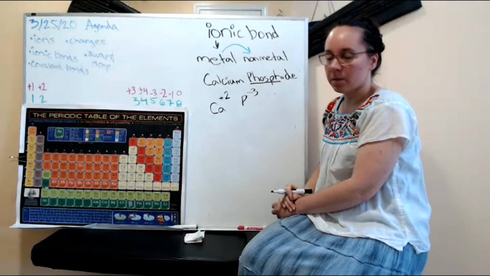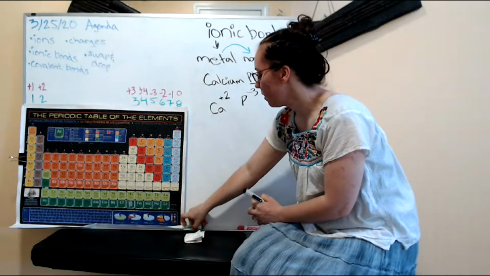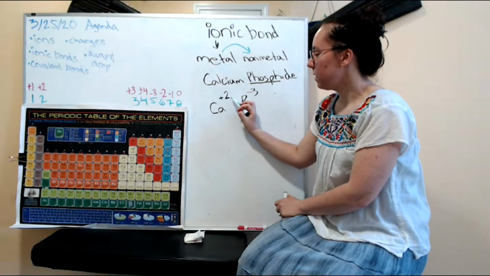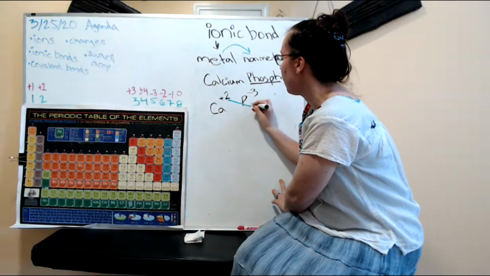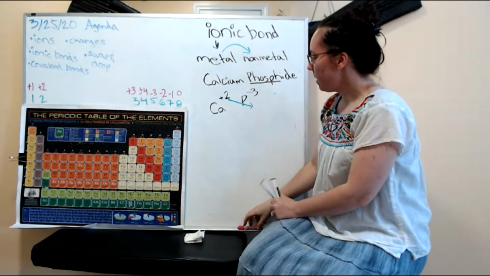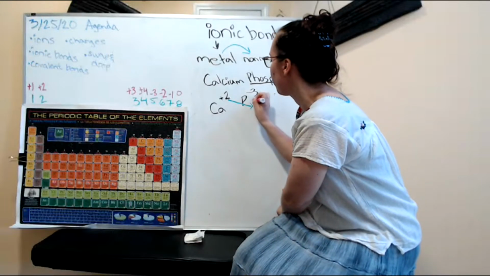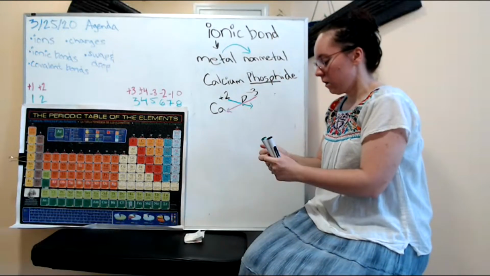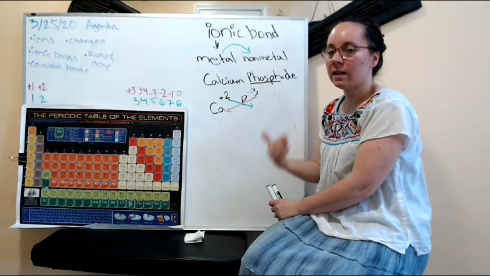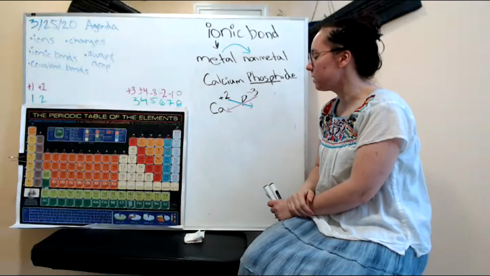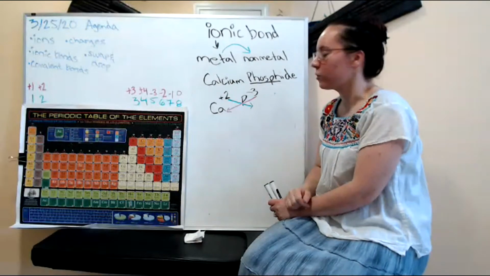Okay, once again, we're going to apply the same principle, the swap and drop. So we are going to take the number of the charge from the calcium and bring it down behind the phosphorus. And then we are going to take the number or charge above the phosphorus and bring it down behind the calcium. So keeping in mind, +2 means calcium has 2 electrons it will give phosphorus. -3 meaning 1 phosphorus atom can accept 3 electrons.